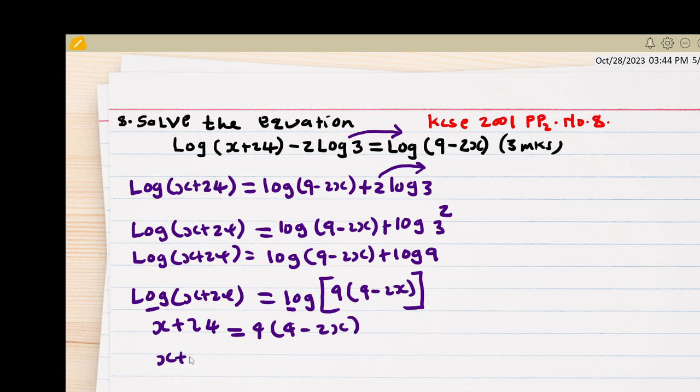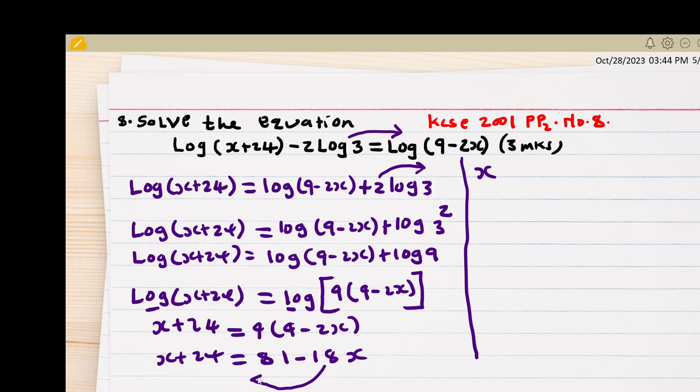So x plus 24 will be equal to 9 by 9, I'll get 81; 9 by negative 2, I'll get negative 18x. Then I'm simply going to collect the like terms together. If 18x moves to the other side it will be positive, so positive 18x is equal to 81. If 24 moves to the right hand side, it will be negative 24.